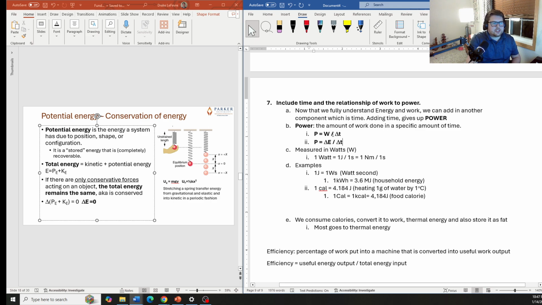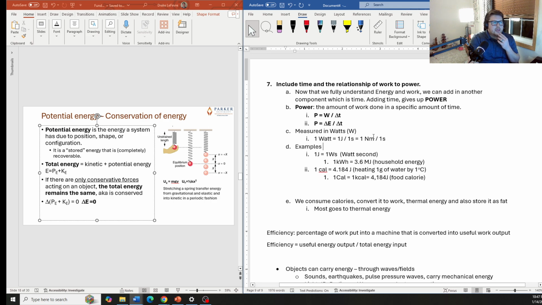Delta T, this change in time, typically is referring to how many seconds did you measure. So wherever you start measuring, that counts as your 0 mark, and then you measured for 6 seconds. So our delta T is 6. We measure power in watts. 1 watt is equal to 1 joule per second, also equals 1 Newton meter per second.